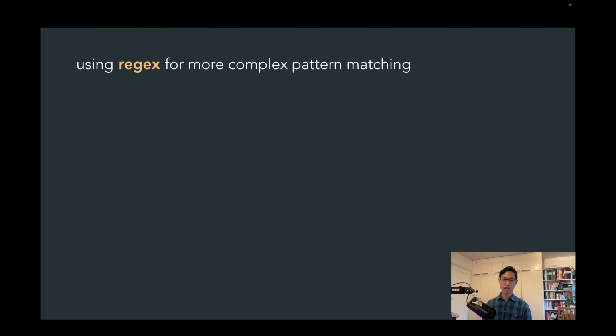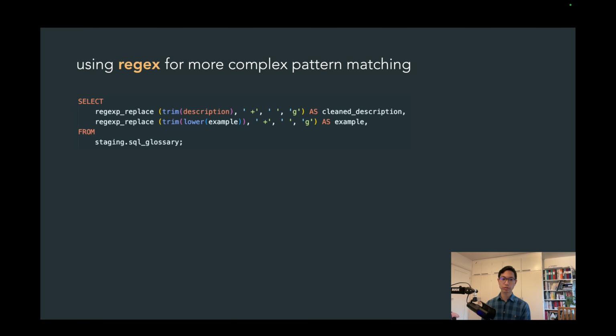And we can use regexp for more complex pattern matching. Here's an example. If you want to match 1 or more spaces and replace them with 1 space, then you can do it like this. You have regexp replace, and here is the column which you want to replace, and you take 1 space here and take a plus, which means it will match 1 or more spaces.